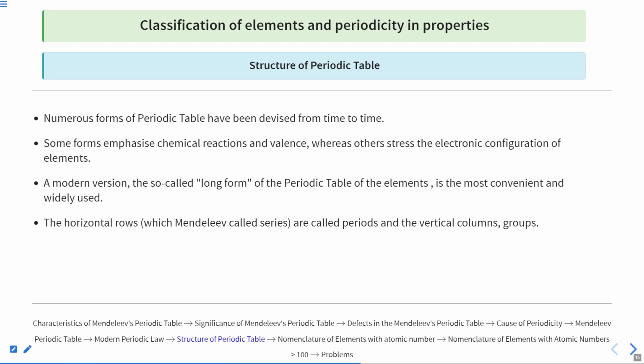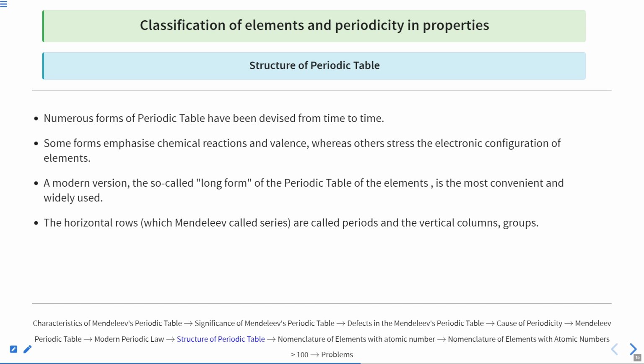From that time, numerous forms of the periodic table were devised from time to time. Some forms emphasize chemical reactions and balance, while others emphasize the electronic configuration of elements. The current form is known as the long form of the periodic table and is the more convenient and widely used form.